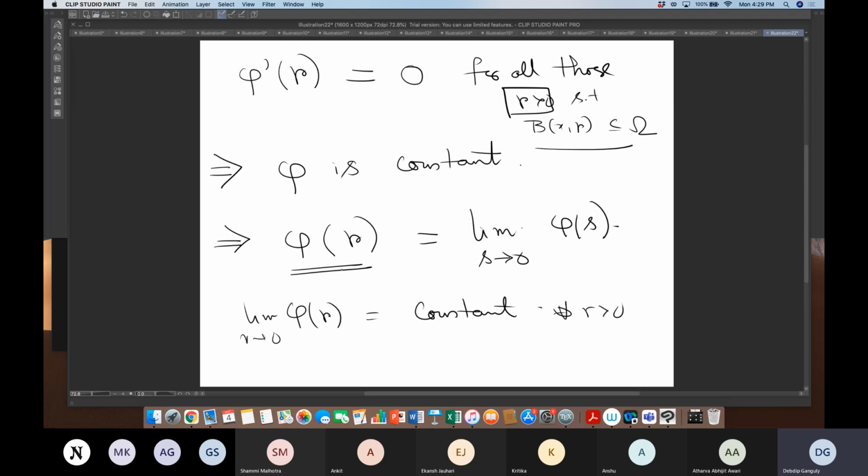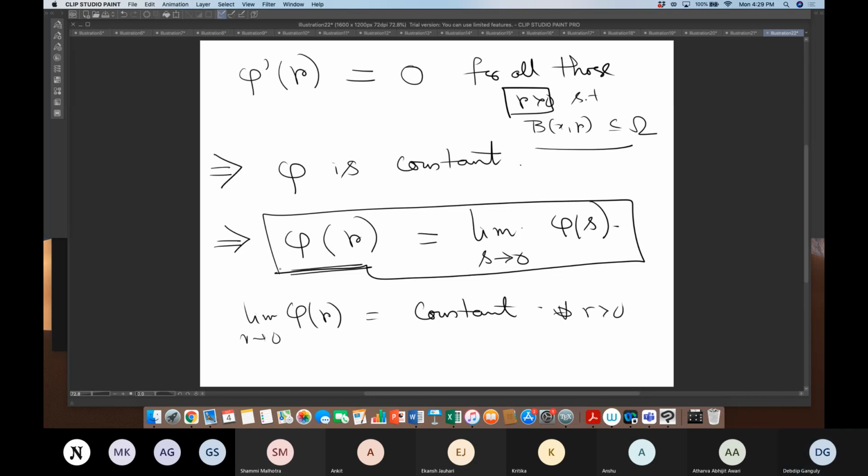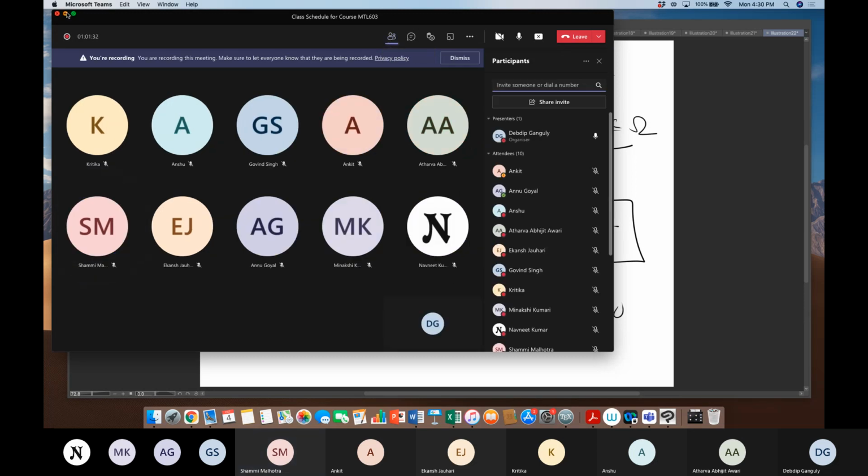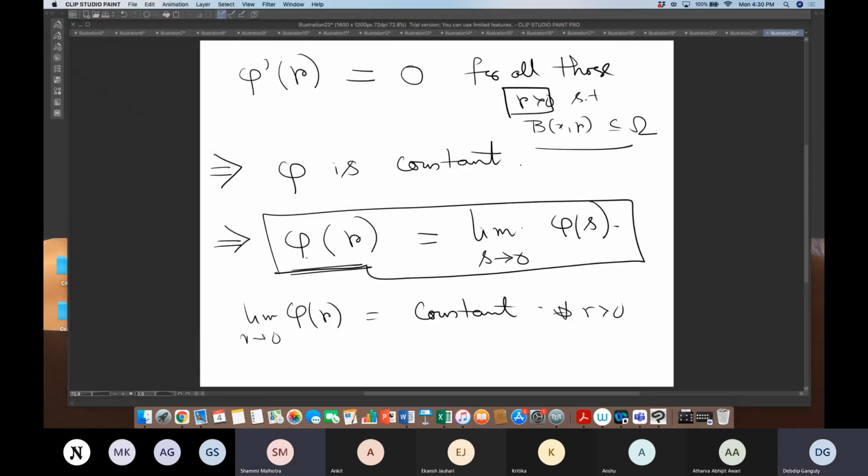Phi r equals the limit as s tends to 0, because I don't know what happens at s equal to 0, but I can write this because phi is a constant, and phi is a continuous function. Agreed? All of you? Navneet, Meenakshi, Annu, Ekansh, Shammi, all of you? Yes, sir. Phi r is equal to the limit s tending to 0 of phi s. Clear? Phi is a constant, so I can write this.